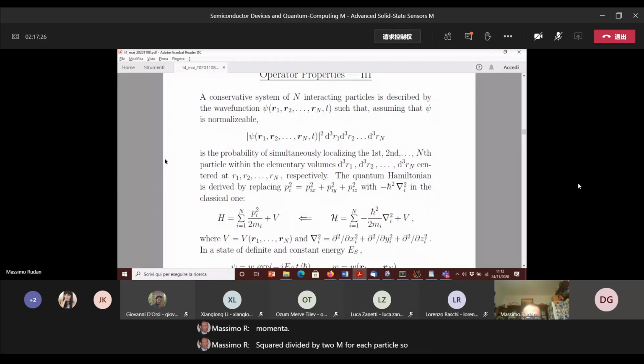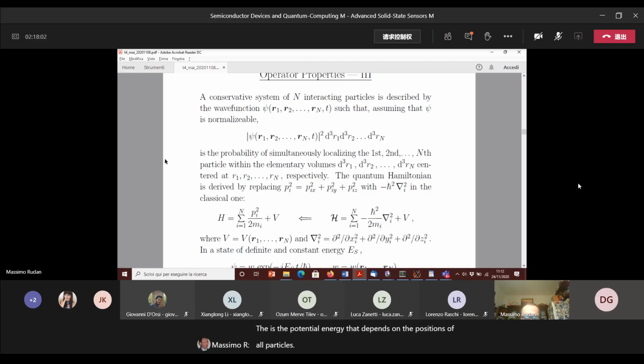So in the sum from 1 to n, the index counts the particles. So p_i squared is the square modulus of the momentum of particle of index i. And m_i is the mass of this particle, because the particles may be different, so the masses must also be distinguished with an index. V is the potential energy that depends on the positions of all particles.